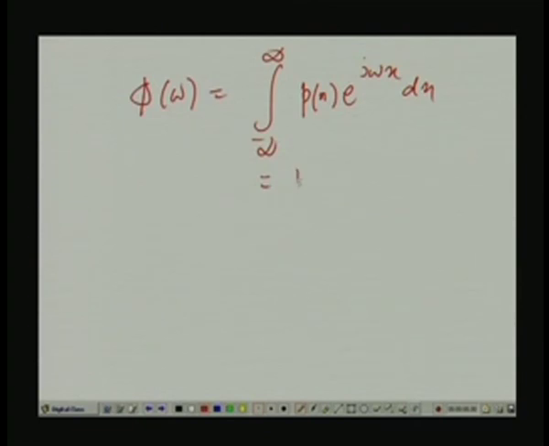So, this is nothing but the Fourier transform of P x at minus omega. Or in other words, if I put a minus here, you get a minus here.